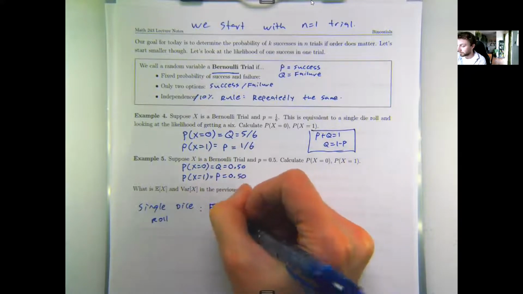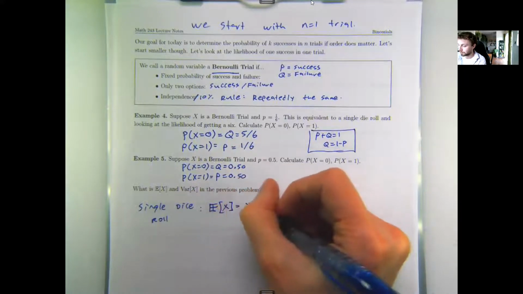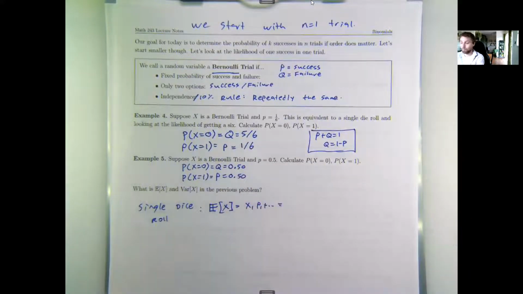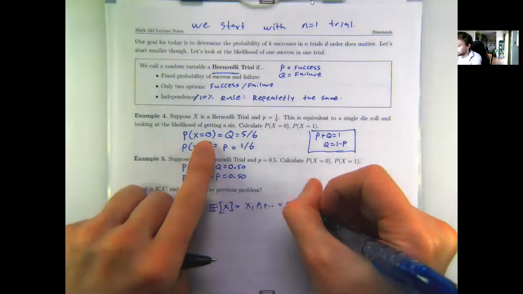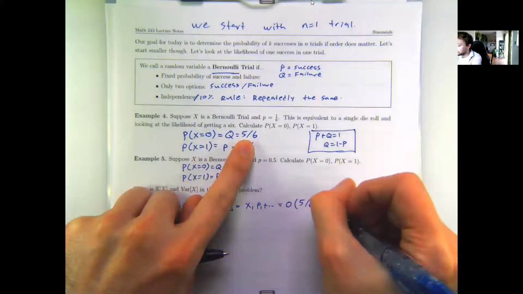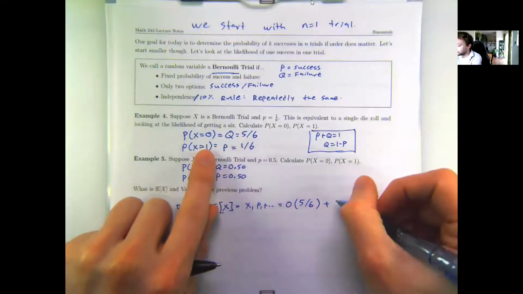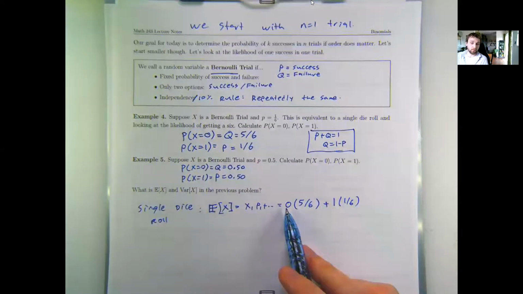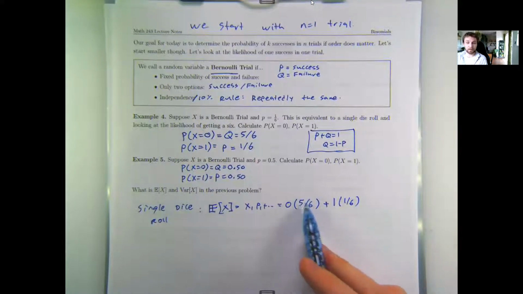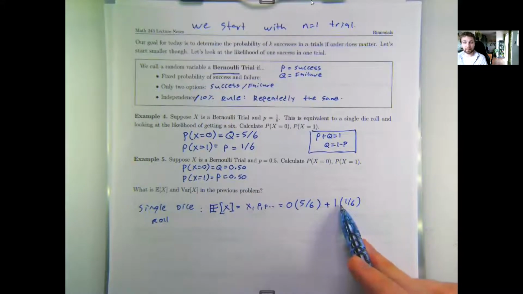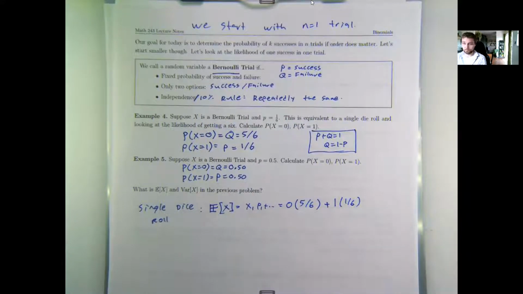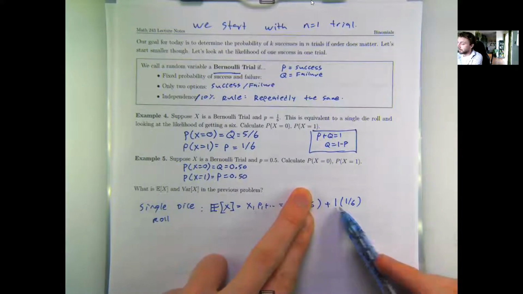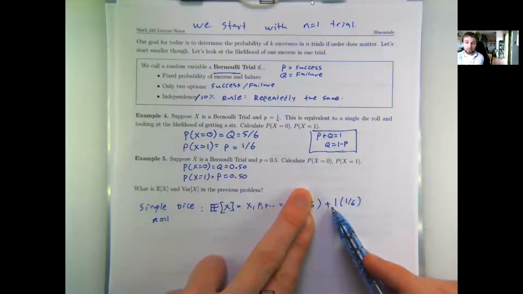The expected value, x values times probabilities, and you're adding them up, would look like 0 times 5/6 plus 1 times 1/6. 0 successes, probability is 5 out of 6. 1 success, probability is 1/6. 0 times anything is 0, so that just goes away. 1 times anything is just that anything, so this would be 1/6.